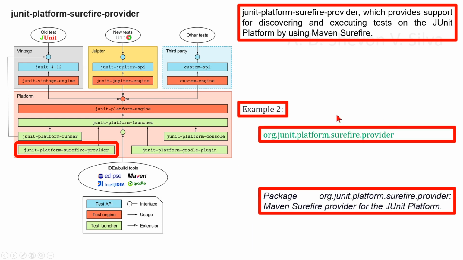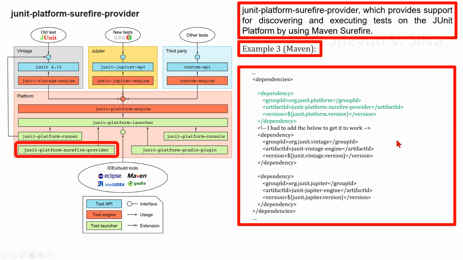As an example too, we can consider package org.junit.platform.surefire.provider, Maven Surefire provider for JUnit platform. As an example 3, we can consider this Maven segment. Here you can see JUnit platform Surefire provider.